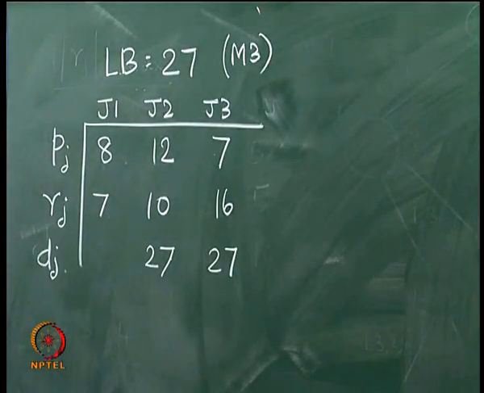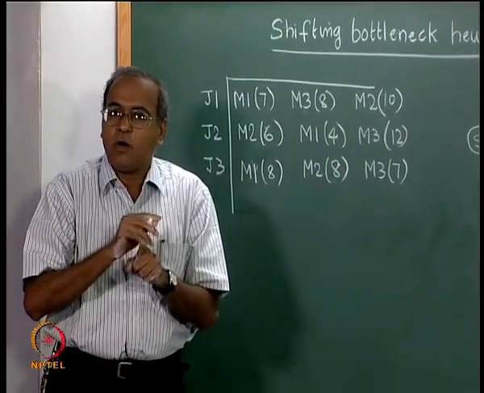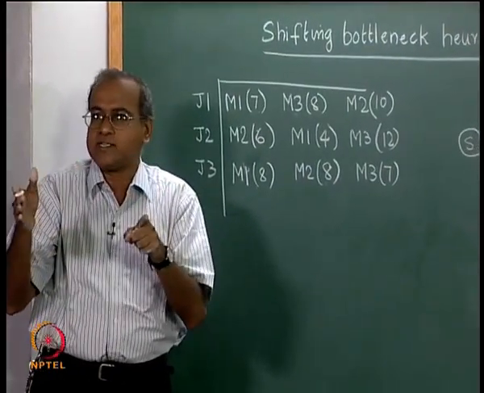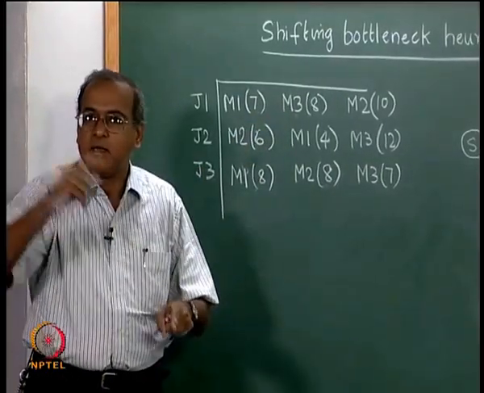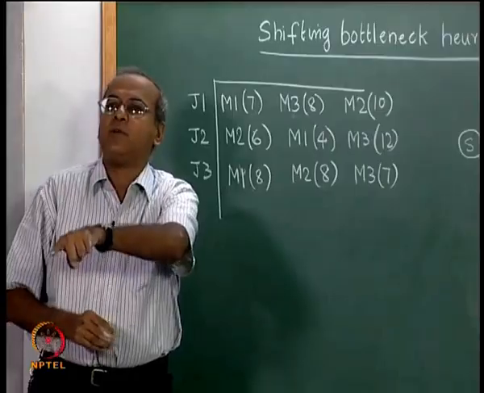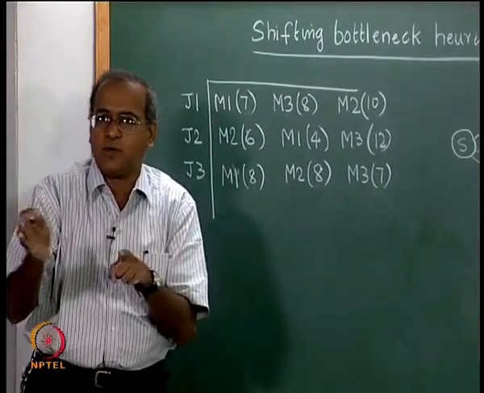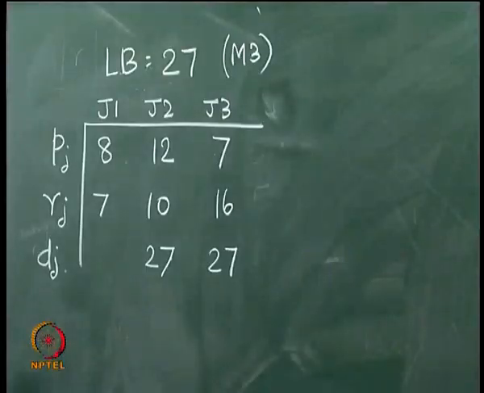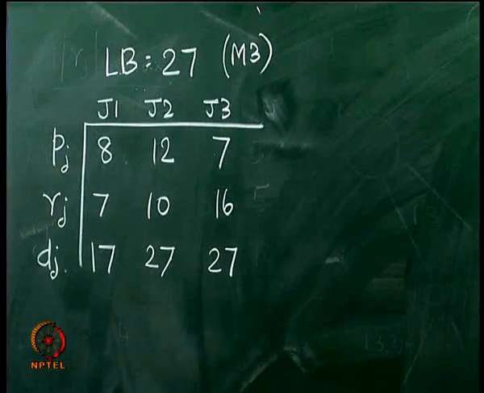But now for J1, M3 is not the last machine. So, if the makespan has to be 27, then the due date for J1 on M3 has to be 17 because it requires another 10 units of time at least. So, the maximum you can stretch the due date will be 17 for J1. So, now our data is complete when we have to do the 1|rj|Lmax on this.